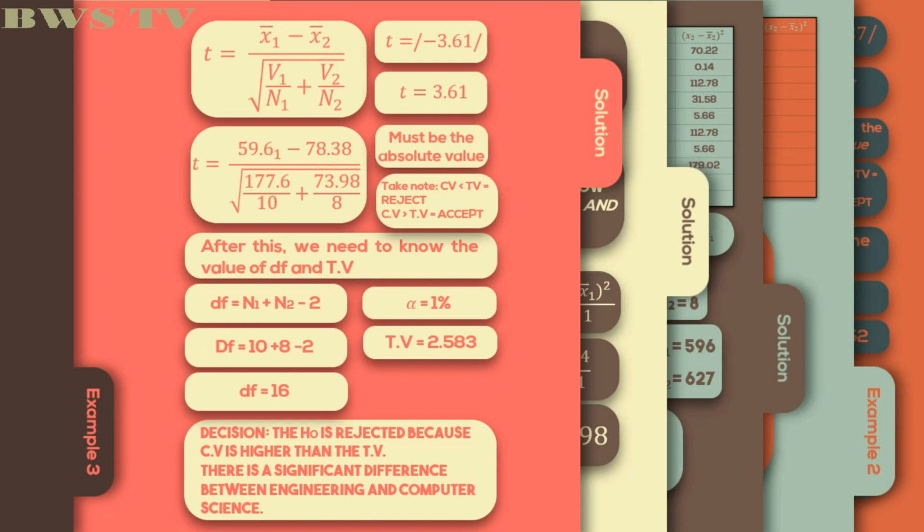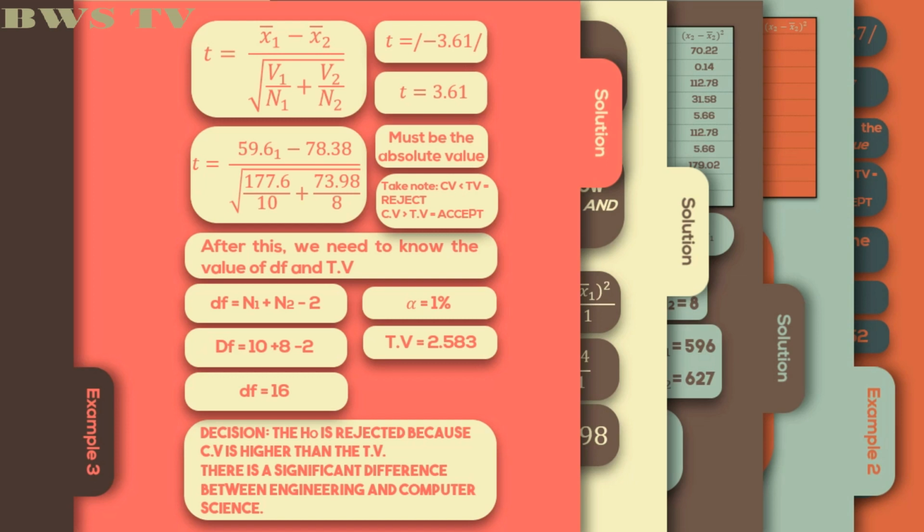After this, we need to know the value of the degrees of freedom and the tabular value. Degrees of freedom is equal to n1 plus n2 minus 2, or 10 plus 8 minus 2. Degrees of freedom is equal to 16. Our significance level is at 1%, and the tabular value is 2.583. Take note, computed value is equal to your t.